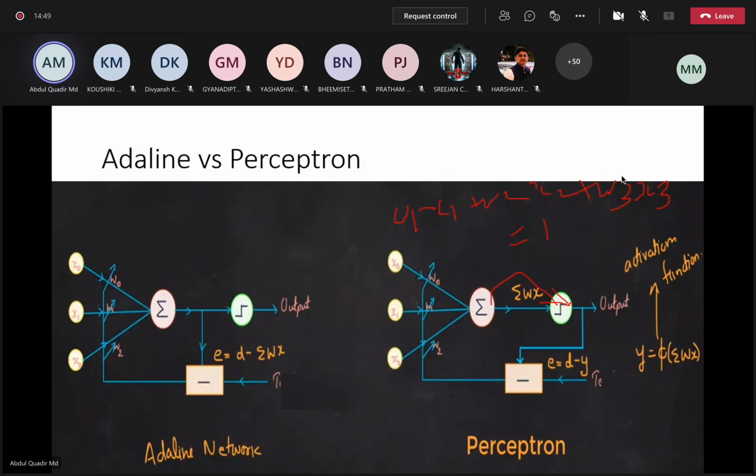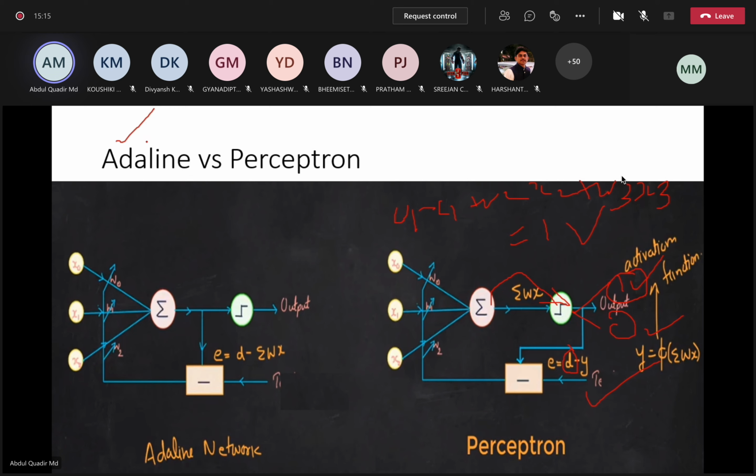The activation function produced an output either 1 or 0 depending upon the threshold. Now, having done that, we compared the activation function output with the target output, and then we calculated the error.